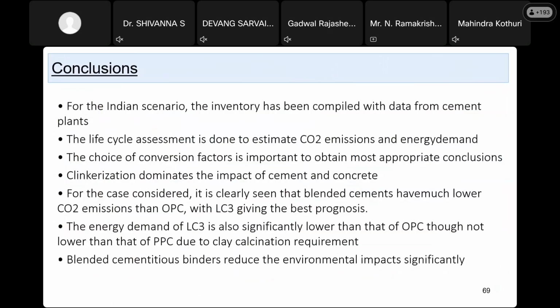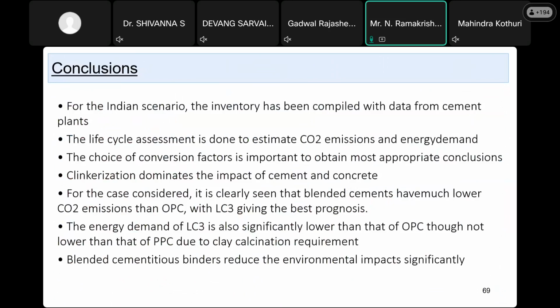So the conclusions finally, when I go for the conclusions, you can see here the inventory data you have collected. You have collected the data, right? So the data tells you that energy consumed and the CO2 emissions are being done. So life cycle assessment is done to estimate CO2 emissions and energy. So choice can be made on the conversion factors, and the case to be considered for the cases which you have discussed, right?